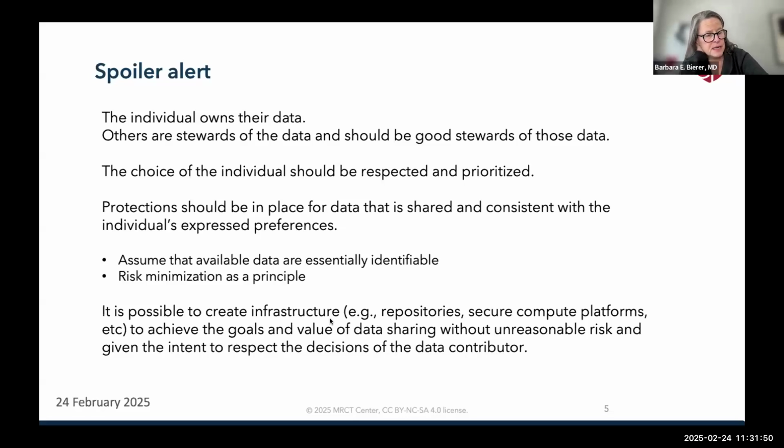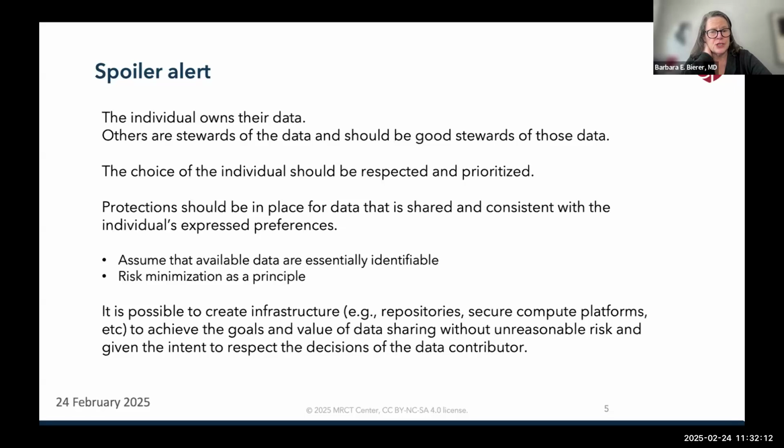That's complicated because we don't want biased data sets. We want data sets that are representative of the population affected by a disease. But on the other hand, we have to appreciate that people come from different places and will have greater or lesser comfort in sharing their data.